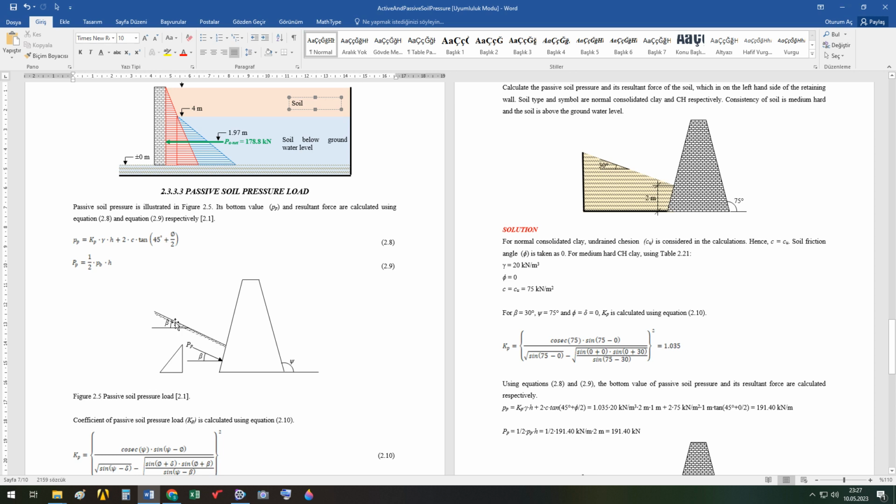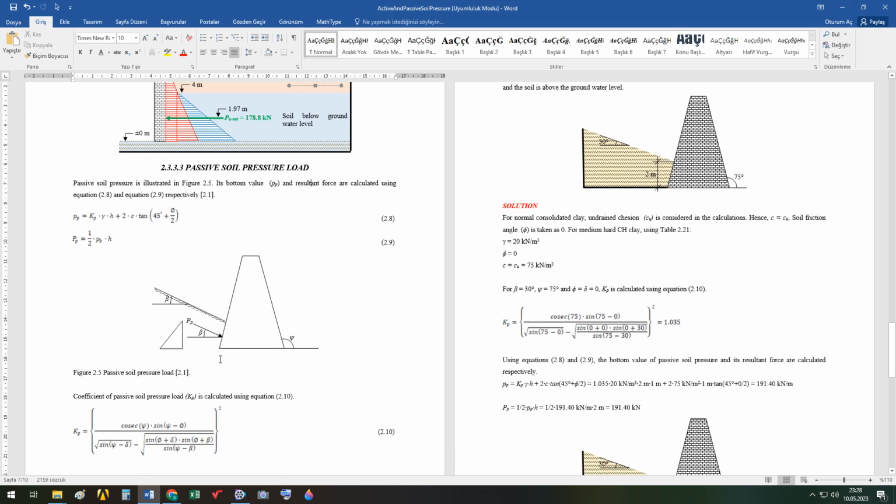The parameters used in the formulation are given here. Beta is again the slope of the soil surface, and here it is also given as beta in this situation. And the distribution is something like that, triangular.